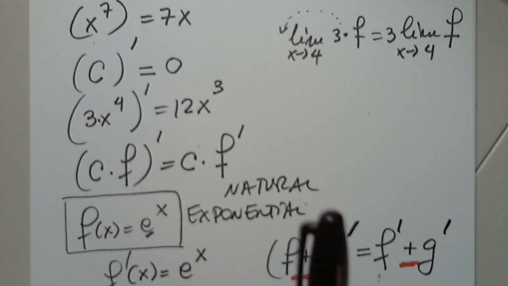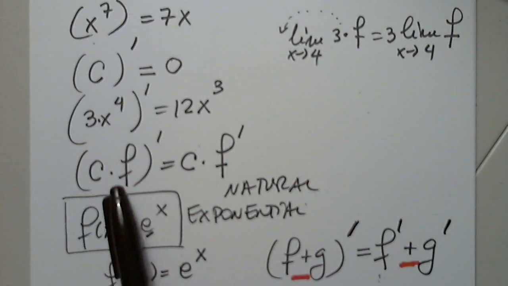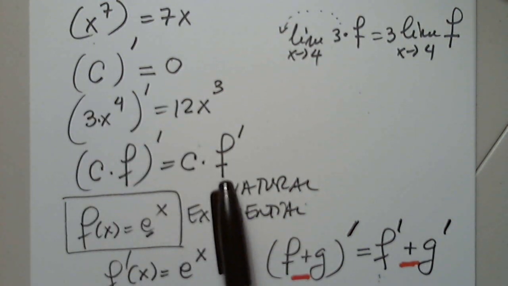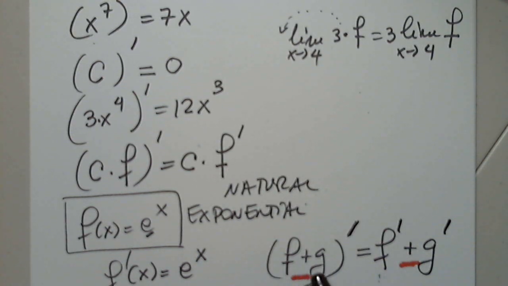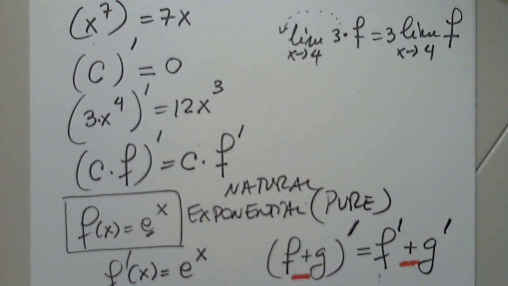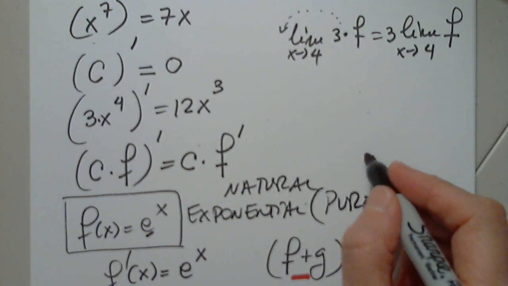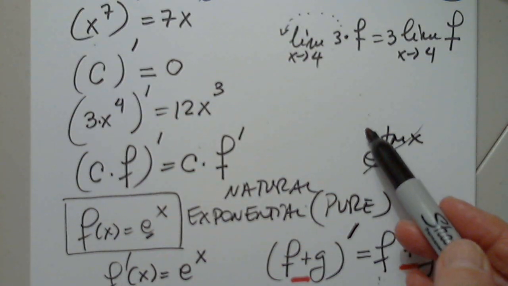So we have a couple of rules already. The power rule, a constant prime is 0. A constant times a function prime is the constant times f prime. When we have a sum or a difference to differentiate, it's the sum or difference of the derivatives. And whenever we look at the natural exponential, pure, because if I say something like e to tangent x, this is not pure.